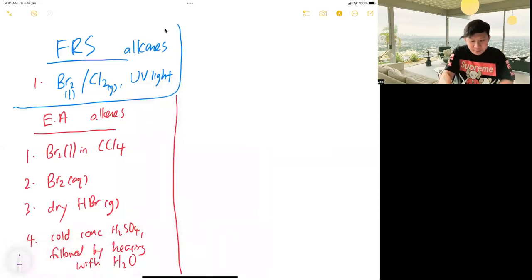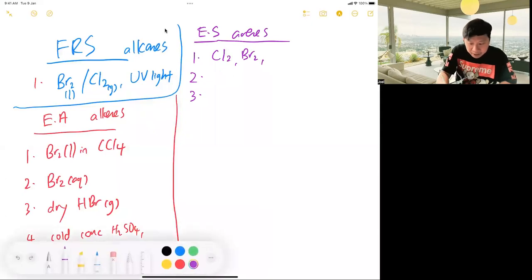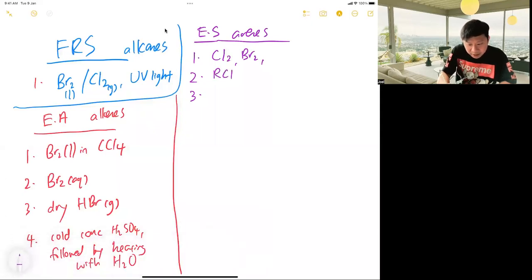Next chapter is electrophilic substitution, arenes. Also 4 reactions, so 1 to 4. Later I'll write the numbers big. The first three are all the same: Cl2 or Br2 for halogenation, then RCl for alkylation, and RCOCl for acylation.